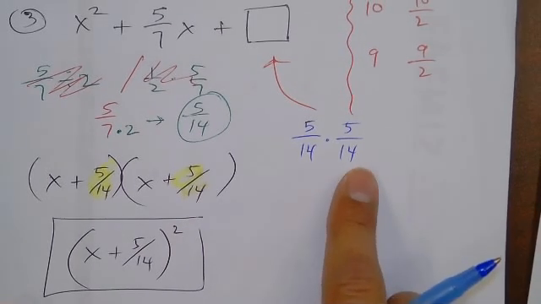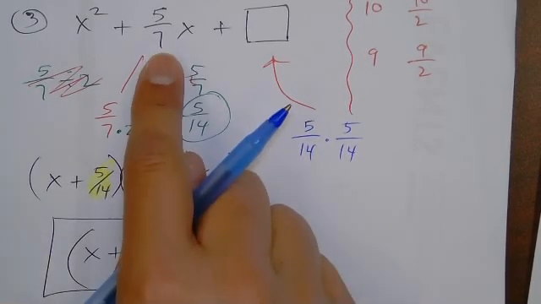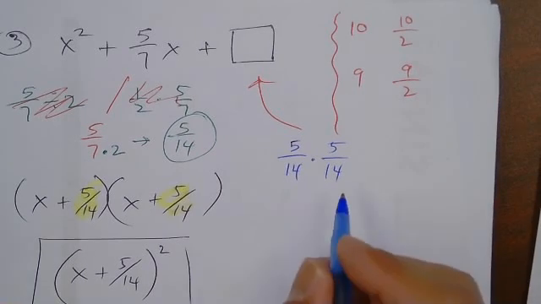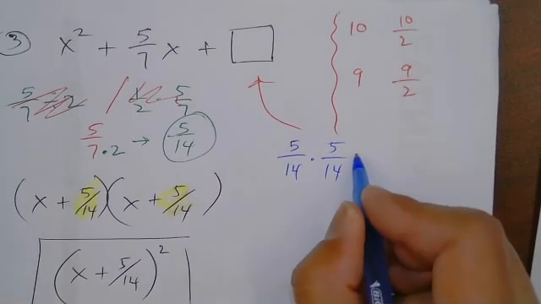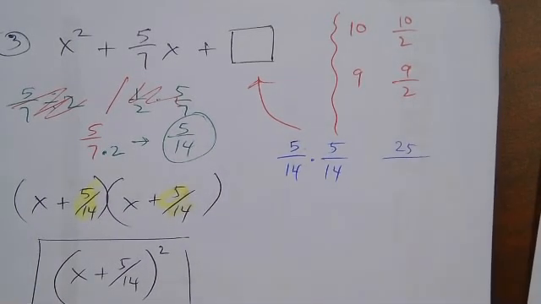Orlando, tell them what you put for an answer right here. I put 25/49. And what did you have? 30/196. Oh my God.